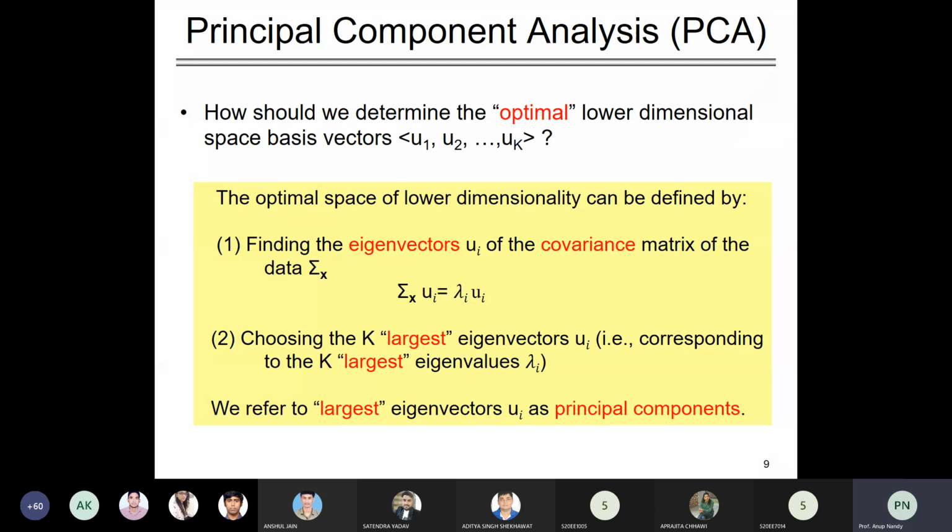So now, finding the eigenvector ui of the covariance matrix of the data, sigma x ui is equal to lambda i into ui. This is a common formula that you know, and you have to choose the k largest eigenvectors ui, corresponding to the k largest eigenvalues lambda.